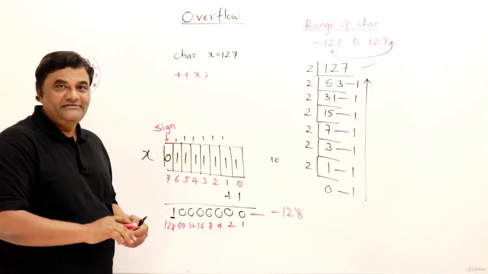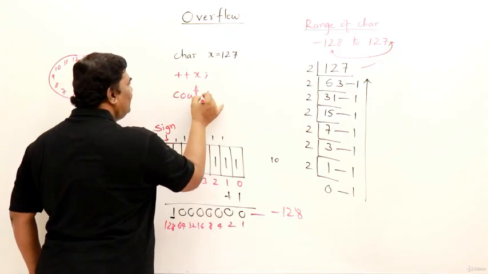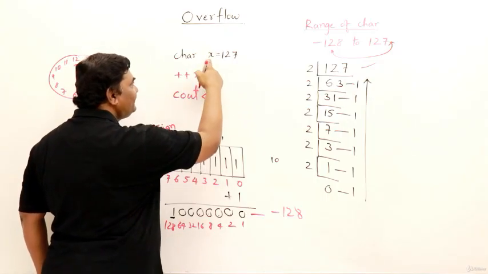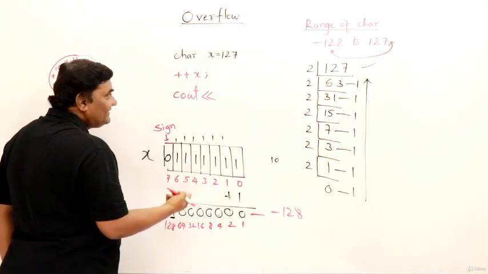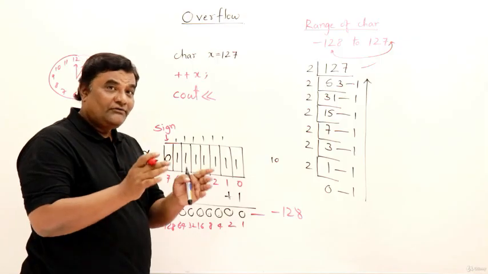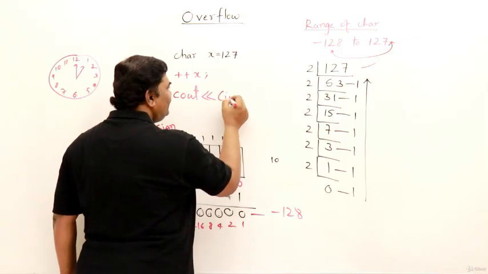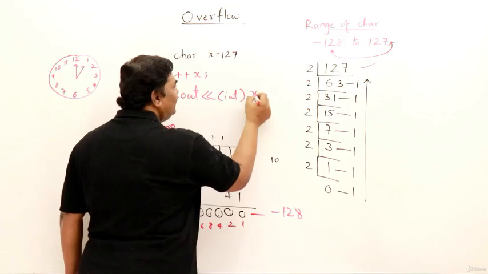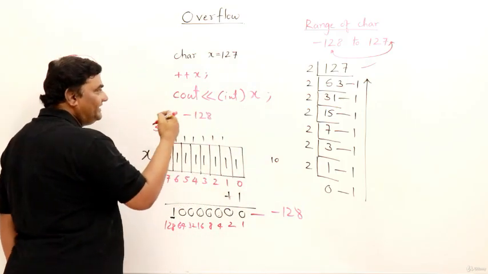Now let us display this value and check it. If I write cout x, it will display a symbol, that is the character symbol for this one. Like for minus 128, some junk character will appear. I want the numeric value, that is minus 128. So typecast it as integer and display it. So int of x. Now you can see minus 128 displayed on the screen.